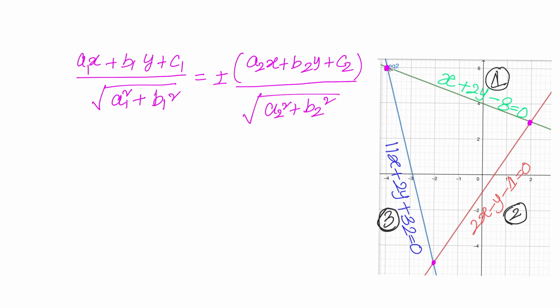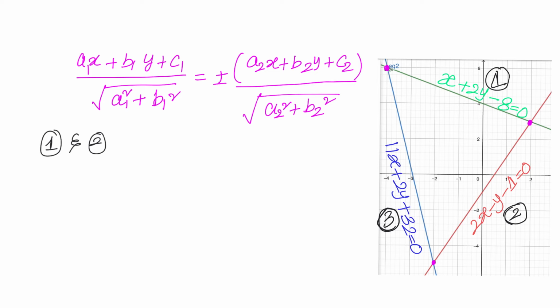The same logic we'll apply here. First we'll take equation 1 and equation 2. Now we are trying to find this angular bisector. One way to understand which one is the appropriate one: you can see that this line is cutting the y-axis at 4, the intercept is 4.